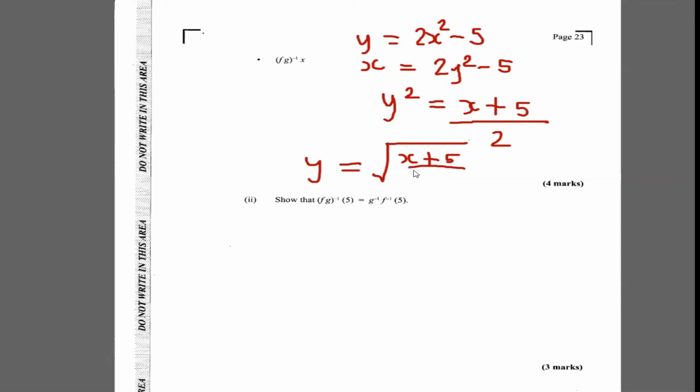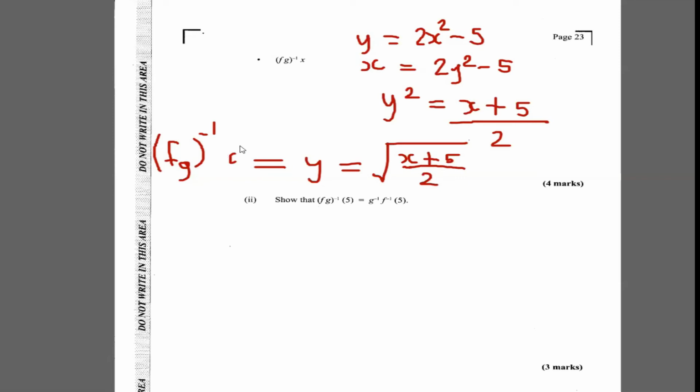And this y, as we know, is fg inverse of x. That's what we have. Fg inverse of x is the square root of x plus 5 divided by 2.